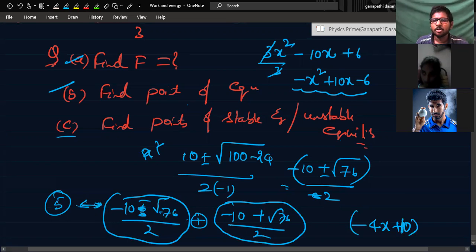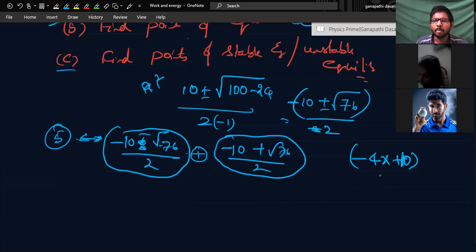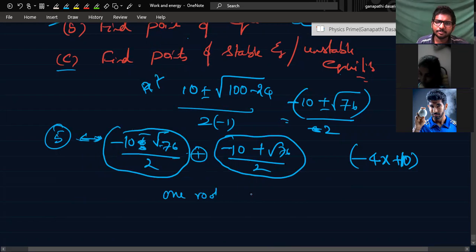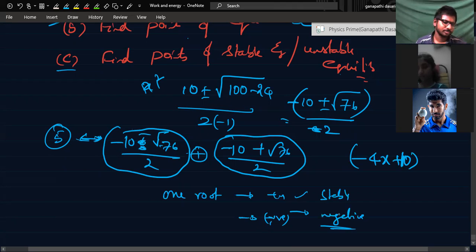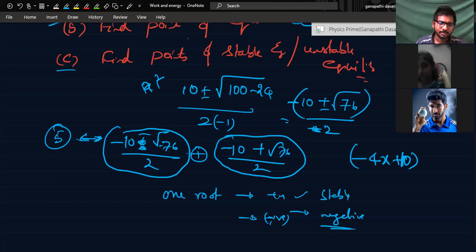You substitute and see which is becoming positive and which is becoming negative. For one root it will become positive, and one root will become negative. Whichever is coming positive, that is stable equilibrium. Whichever is coming negative, that is unstable equilibrium. This is the way we need to solve the problem.